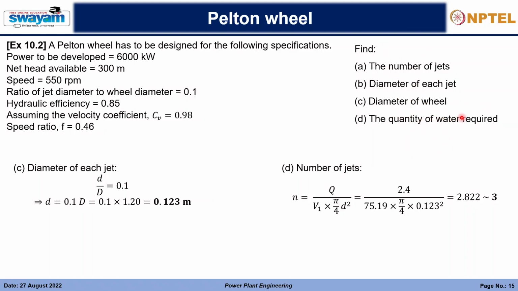The quantity of water required, we know Q evaluated to be 2.4, so we divide by the amount of water that needs to be supplied from each jet. By that we will get to know that we need at least 3 jets to supply this amount of water. So this is how we can design a Pelton wheel and its various parameters, and how we can control the amount of power to be developed. So this was a question regarding that.